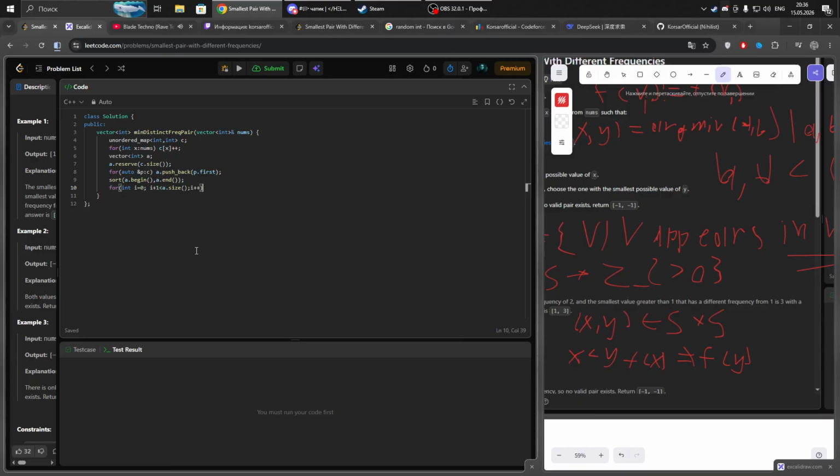If c of a of i differs from c of a of i plus 1, now we need to return a of i and a of i plus 1. And then return minus 1. Alright, good. Let's check it out.